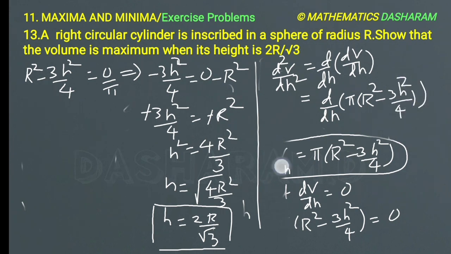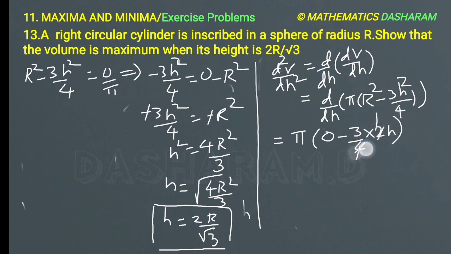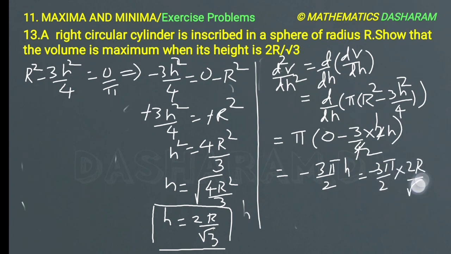Now let's do the differentiation with respect to h. Here pi is a constant, R square is also constant, 3 by 4 is constant, and the derivative of h square is 2h. Then 2 ones are 2, twos are, so minus 3 pi by 2 into h. In this substitute our h value: minus 3 pi by 2 into 2R divided by root 3.